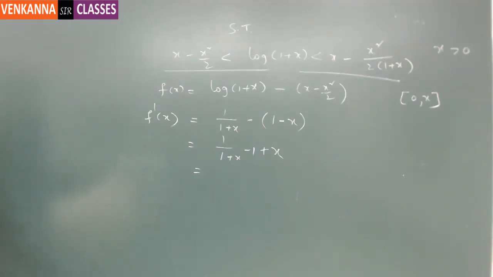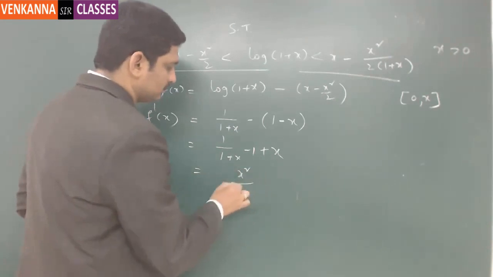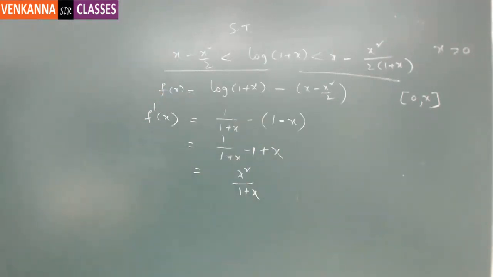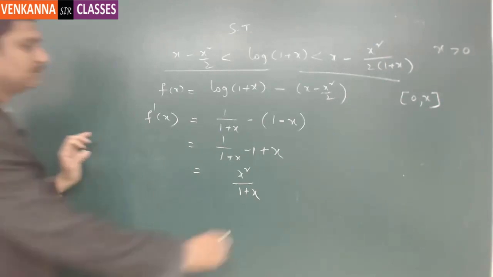If you go for the LCM, you are going to get the value x square by 1 plus x. Can you check on that? Right. Since you are taking x as positive, the result is nothing but positive.